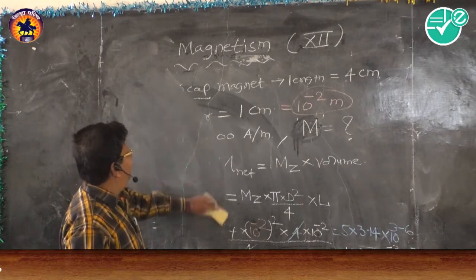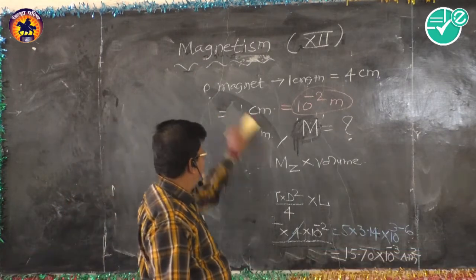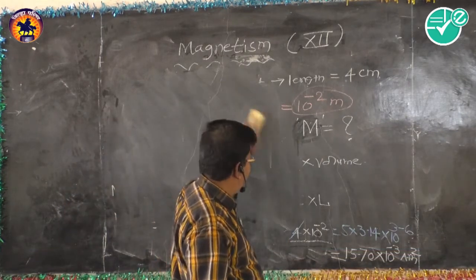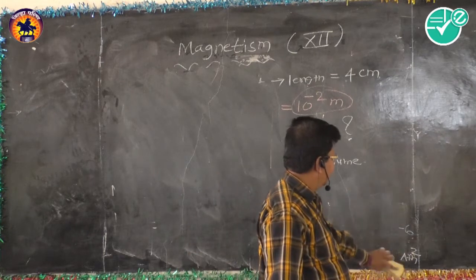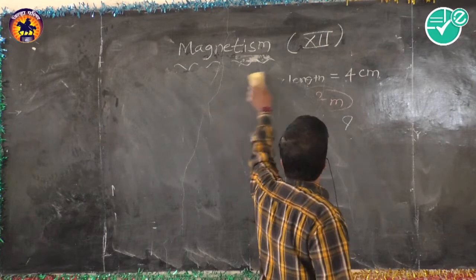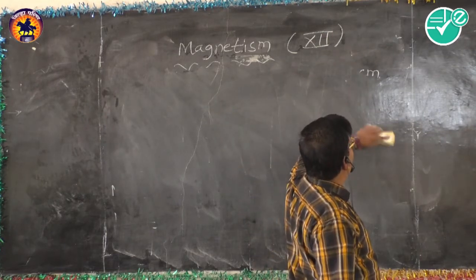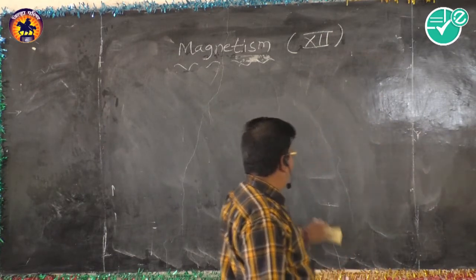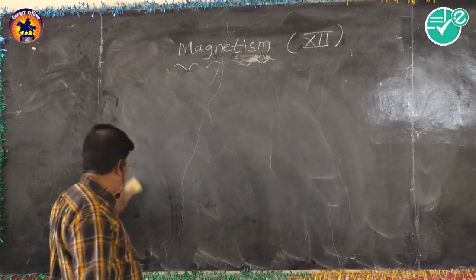Again, we take one example regarding the magnetization of material, and after that the second magnetic property of matter we will discuss.